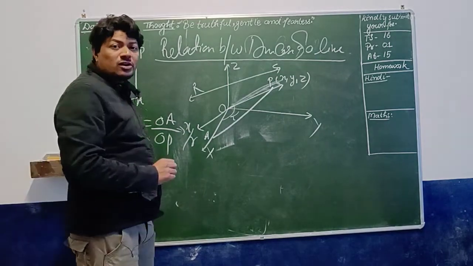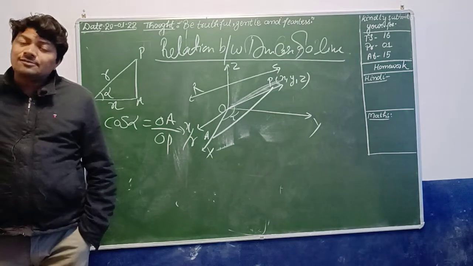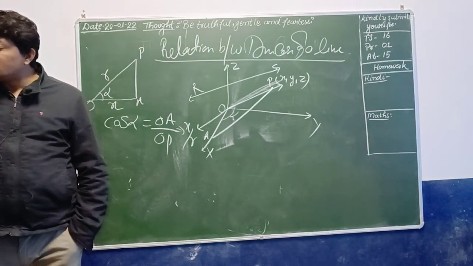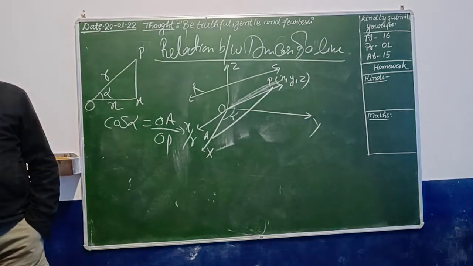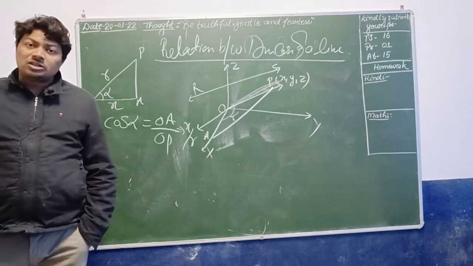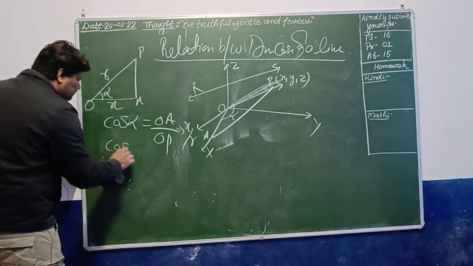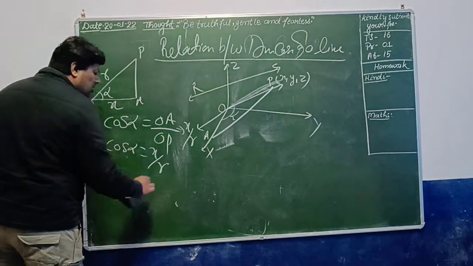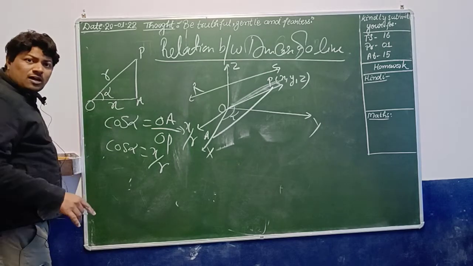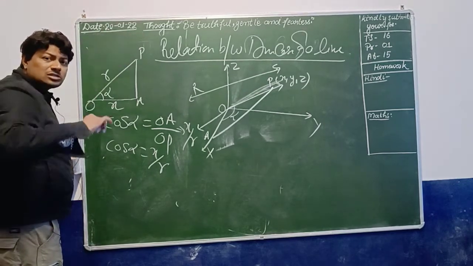When this is equal to X upon R, this gives X equal to LR. How does this give X equal to LR? As I told you, we have L, M and N as the direction cosines. So cos alpha equal to X upon R means cos alpha equal to L, where L means cos alpha, M means cos beta and N means cos gamma.